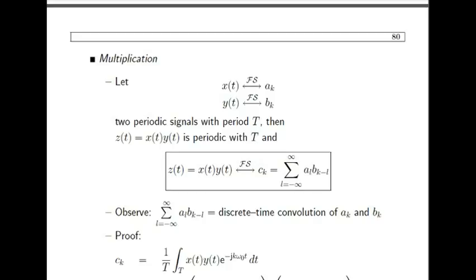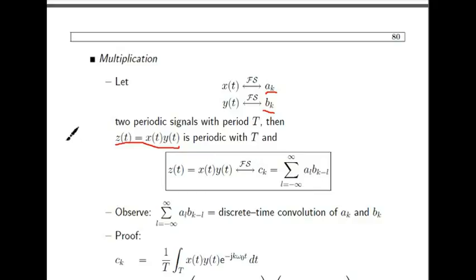Now let's see the next property, which is the multiplication property. We are considering signals x(t) and y(t) having Fourier series representations a_k and b_k respectively, and they both have time period T, and we are considering a third signal z(t), which is x(t) into y(t) and is periodic with the time period capital T. Then the Fourier series representation of x(t) y(t), which is z(t), will be c_k, and it is equal to the convolution of a_k and b_k.